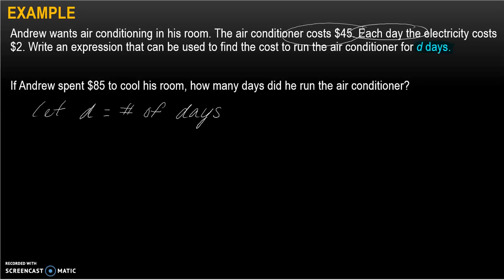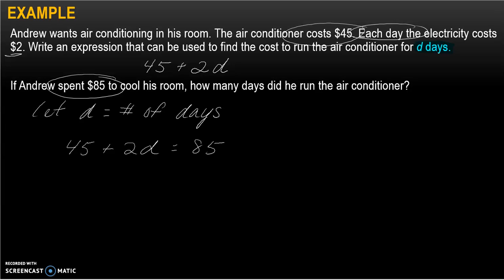So each day is $2. So the expression on the first part is 45 that I'm paying only one time plus $2 a day. And this equals the total, which is 85. So my equation is 45 plus 2D equals 85.